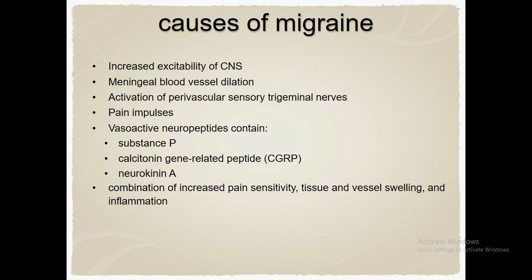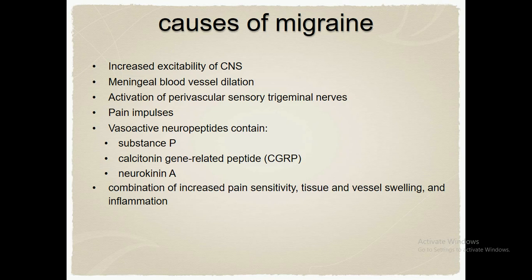Now what are the clinical etiology causes of migraine? These are very simple. The first one is that, especially in case of migraine, there is increased excitability of the central nervous system, while there may be meningeal blood vessel dilatation.